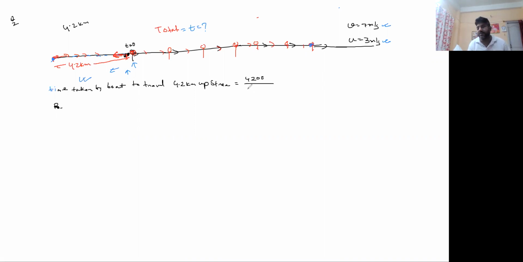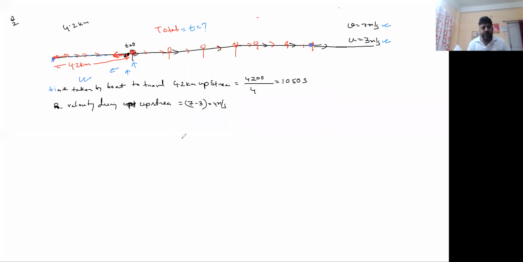Yes, is it okay? And velocity during upstream is 7 minus 3, that means 4 meter per second. So 4200 by 4, total time is 1050 second. Yes or no?